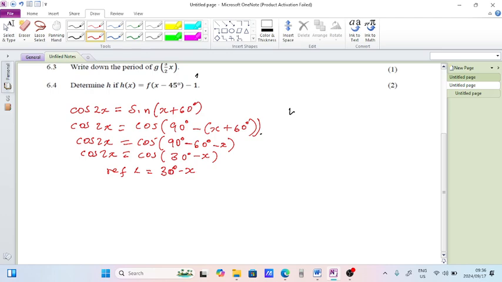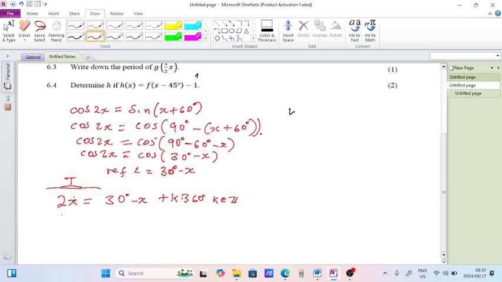Right, then from there, what do you do? We're going to have in the first quadrant our reference angle, meaning this side, 2x equals the reference angle, which is the first quadrant of 30 degrees minus x, plus k dot 360 degrees, where k is an element of integers.